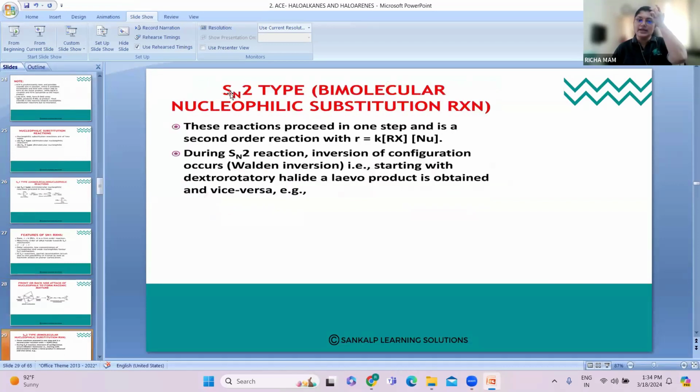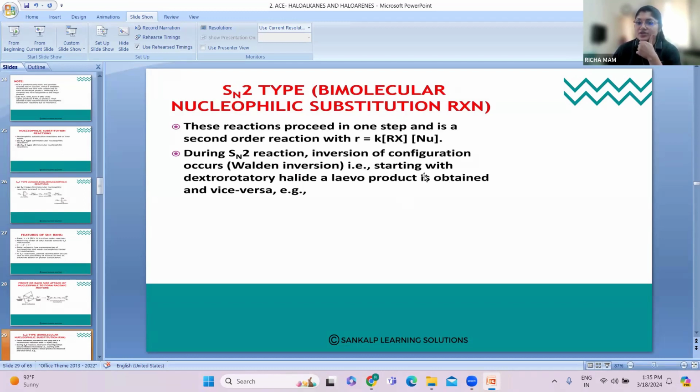Then what is the SN2 mechanism? That is bimolecular nucleophilic substitution. In the SN2 mechanism, it is a one-step mechanism, and it follows second order kinetics. So the rate of the reaction depends on the concentration of the alkyl halide and the nucleophile. In the SN2 mechanism, inversion of configuration is possible.